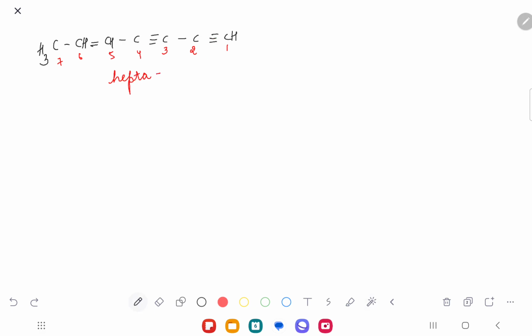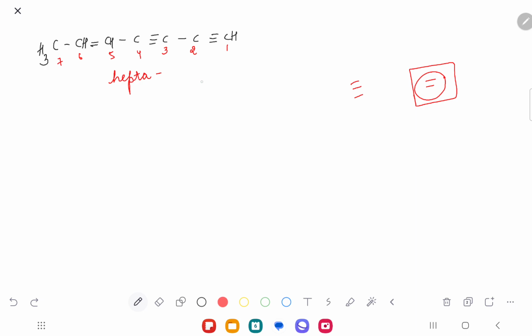Then I am seeing ine, but there is a triple bond in the structure and there is a double bond also. The double bond's properties are not shown so much; they get repressed, and the properties of the triple bond are more dominant. They are shown in the compound more.